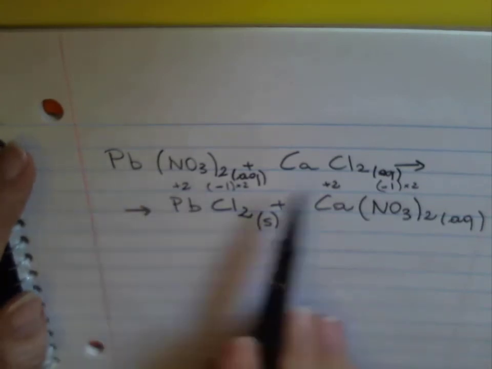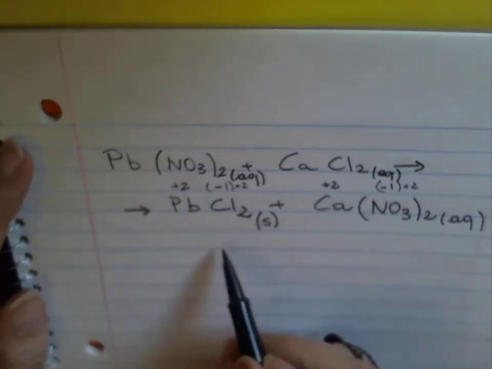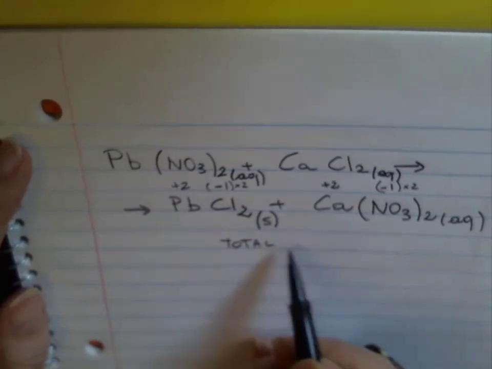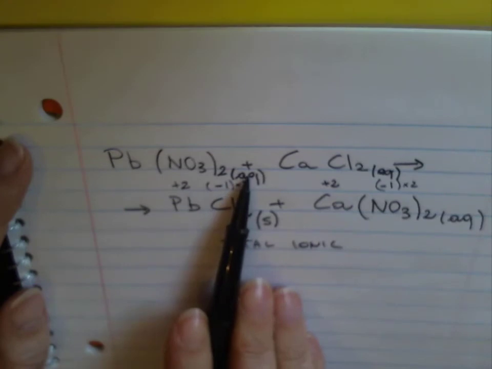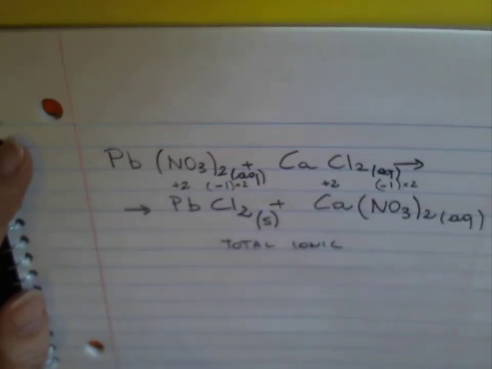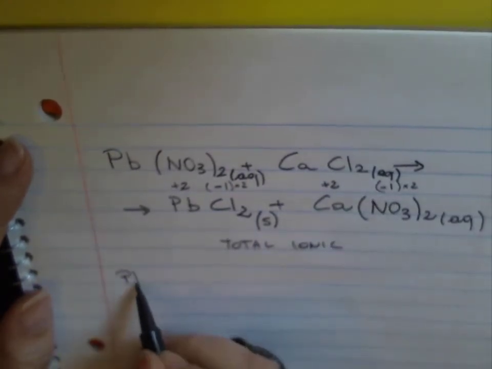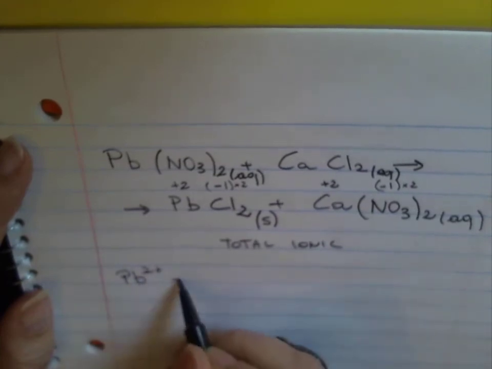We now want to write this equation as a total ionic equation. To do that, we're going to split all the compounds that are aq into ions, as they will ionize in solution.